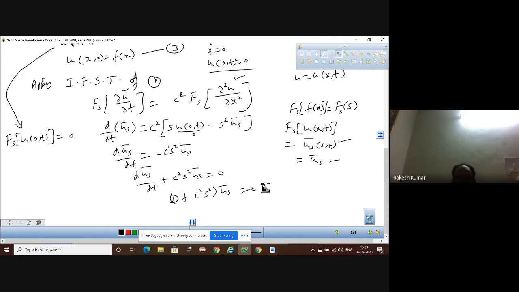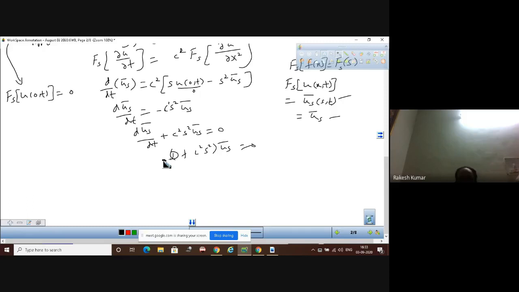You can change D to some other parameter, small m also. We have done this in the previous semester. You can also write down D as it is. There is no problem. So this is the variable, and this is minus c square s square.